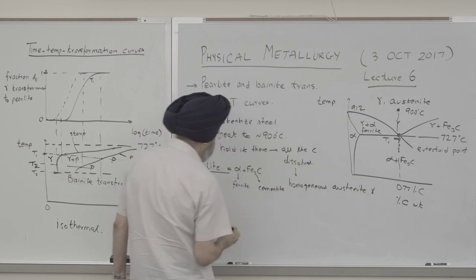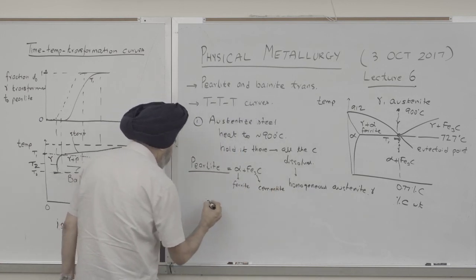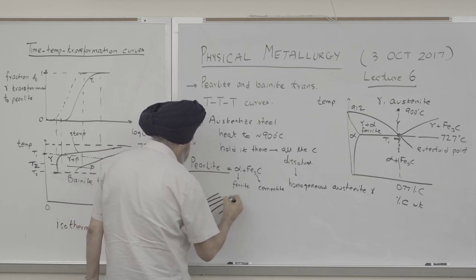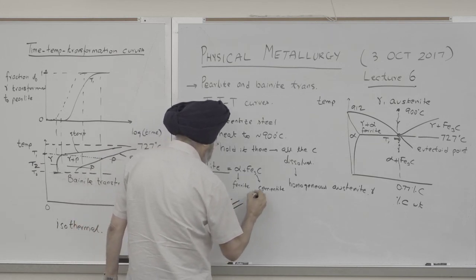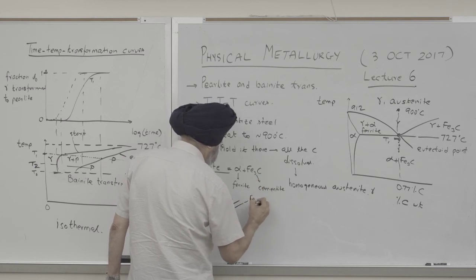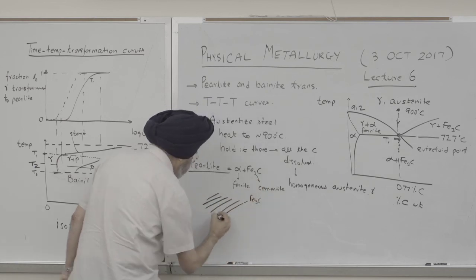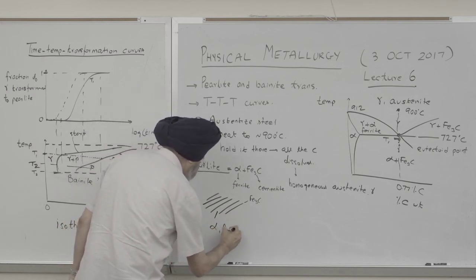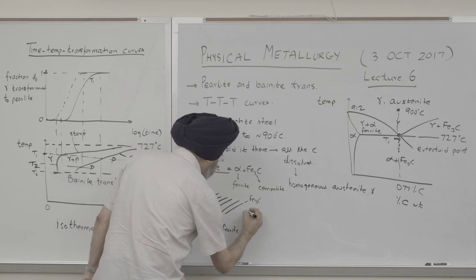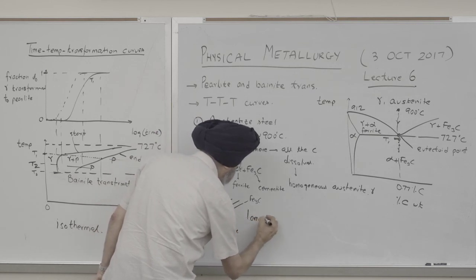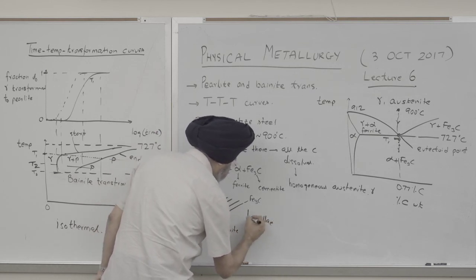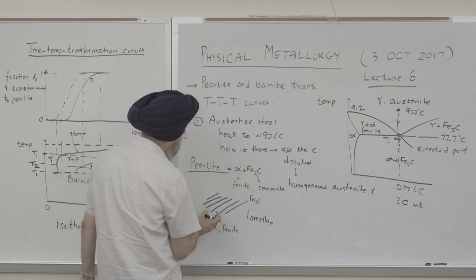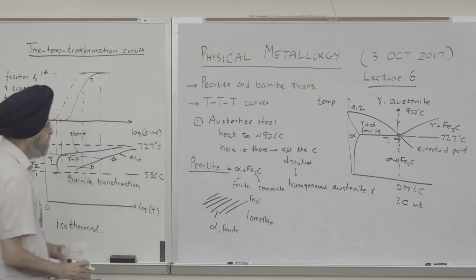If you look at a cross section, you'll have planes of this Fe3C, and they'll be in a matrix of alpha ferrite. So we call this lamellae structure. These are like plates of Fe3C, which are separated by the alpha.